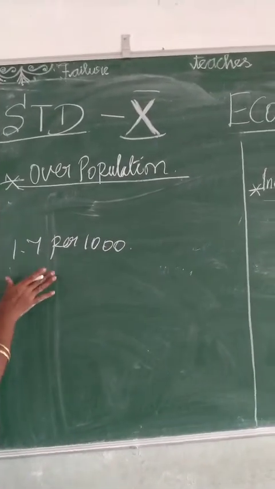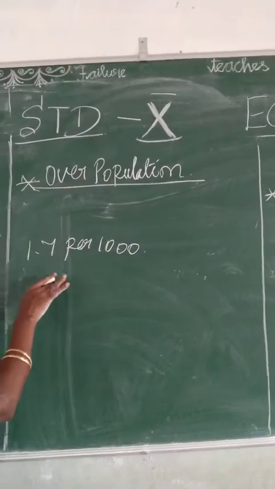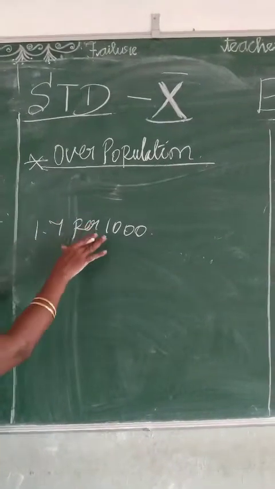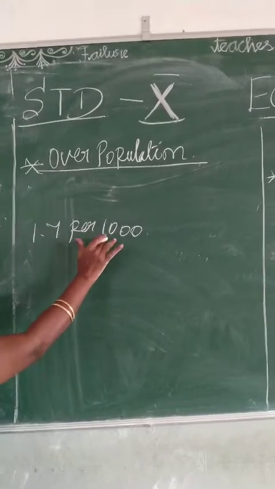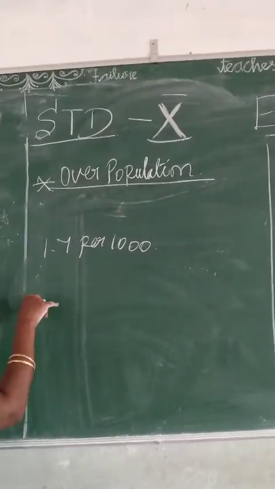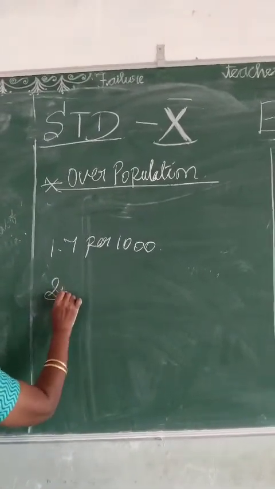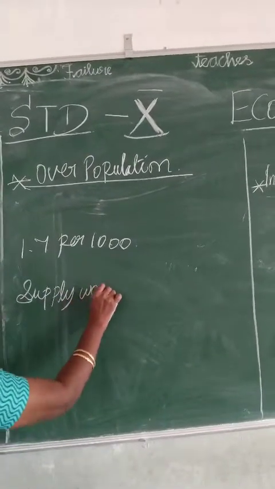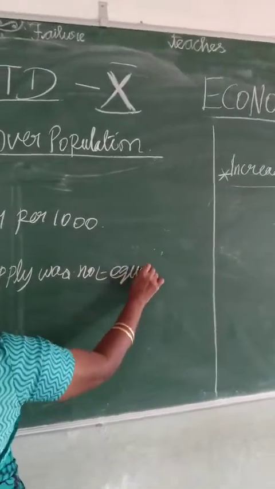A large population leads to increasing demand, but supply was not equal to the demand. It's very important. Supply was not equal to the demand.